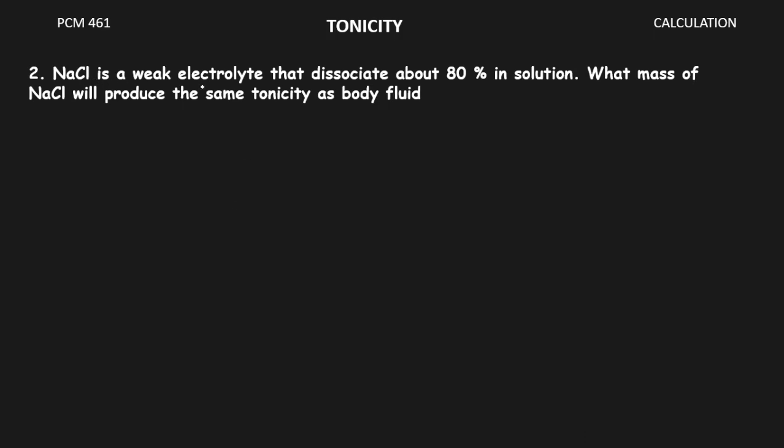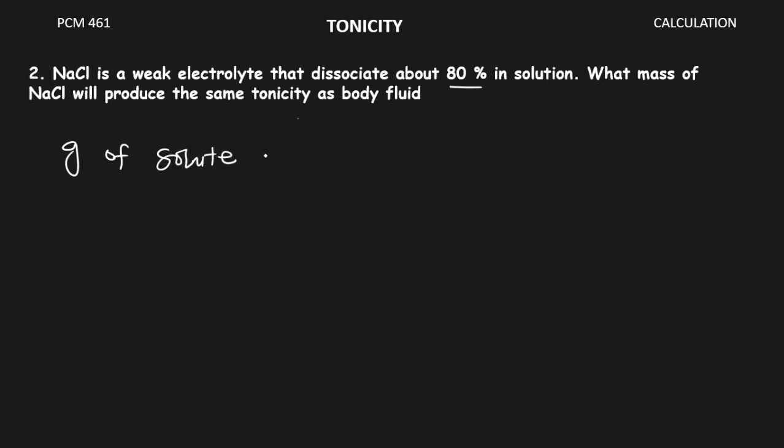So, for instance, sodium chloride is a weak electrolyte that dissociates about 80% in solution. What mass of sodium chloride will produce the same tonicity as body fluid? Now, to actually calculate this, there's a formula for this.